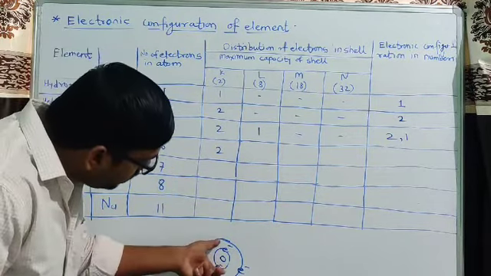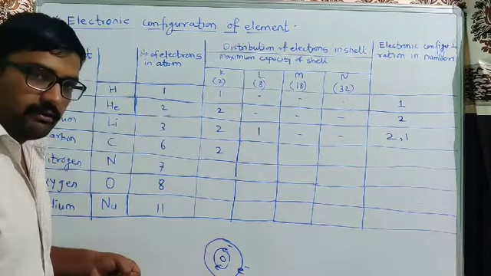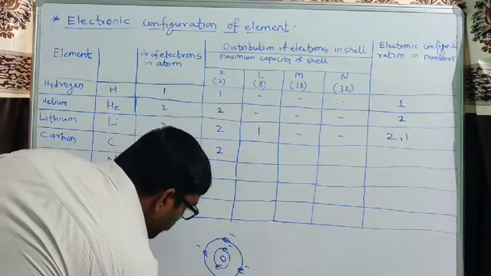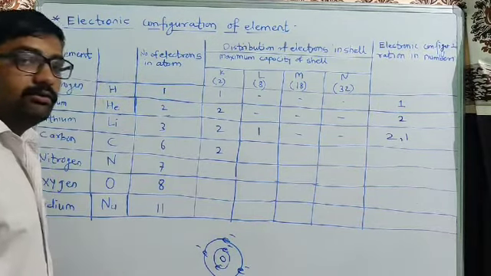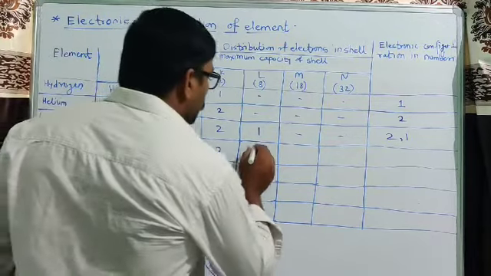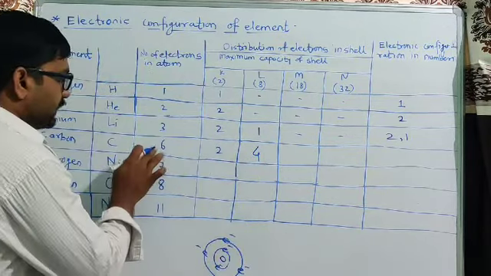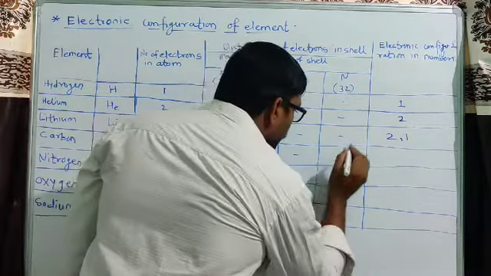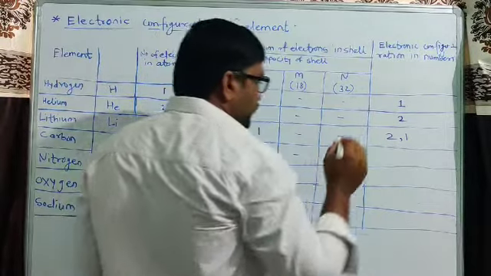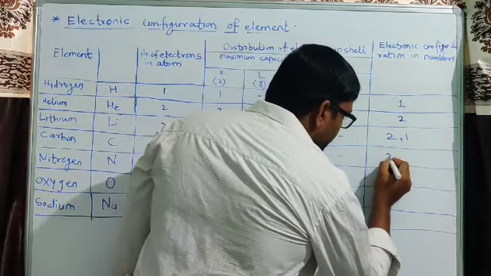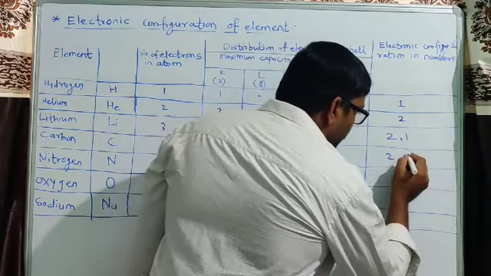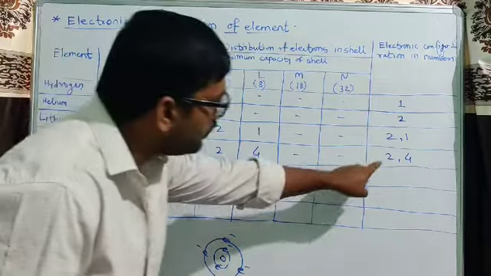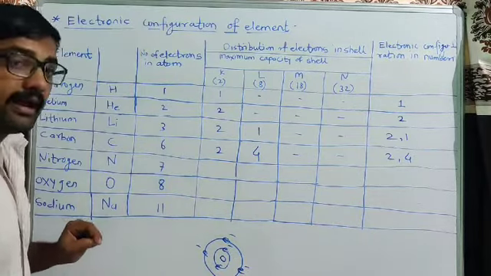First 2 electrons are added in the K shell, then the remaining 4 electrons are added into the L shell. 2, 4: 2 plus 4 is 6 electrons. So this is the electronic configuration of carbon: first the K shell electrons 2, comma, then the L shell electrons 4.